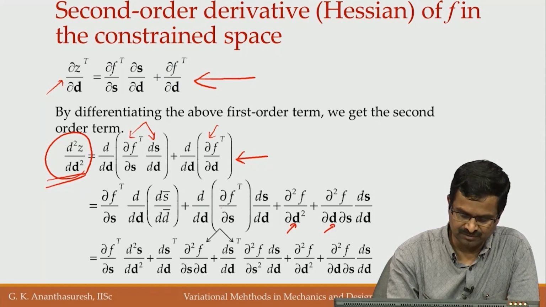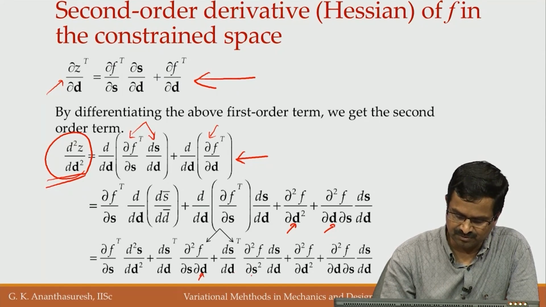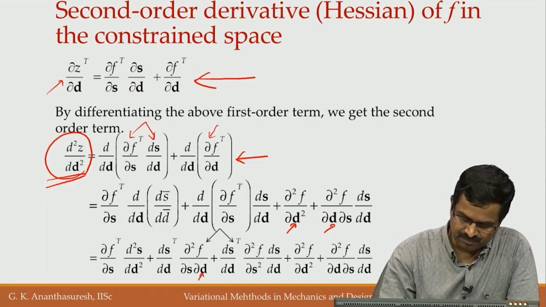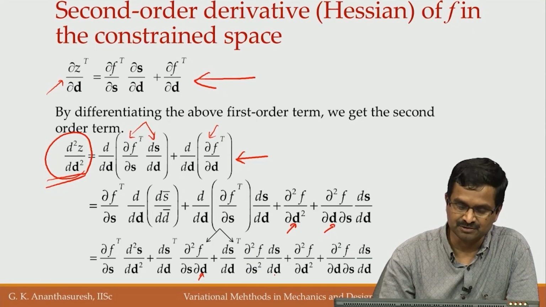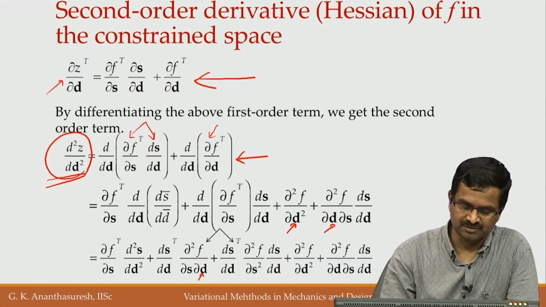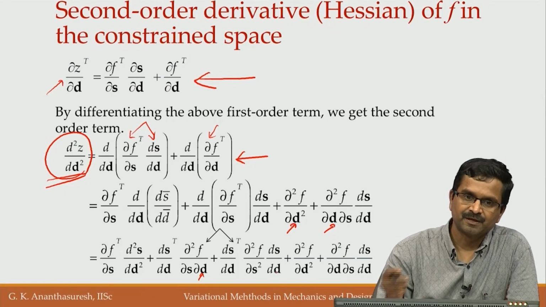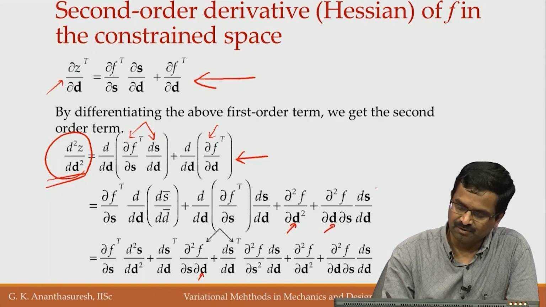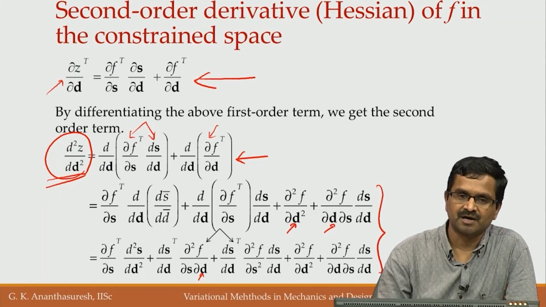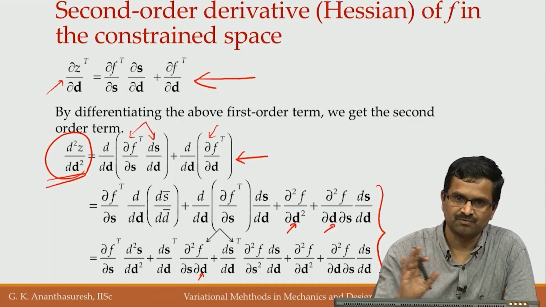This is first with respect to d here, and then the second time with respect to s, and in that process we also need to put ds by dd as well, because the solution is dependent on the decision variables. This is the expansion, even if you do not see it right away, if you sit down and think about it, you will know how these steps come about. It is just plain old differentiation, no tricks involved here.